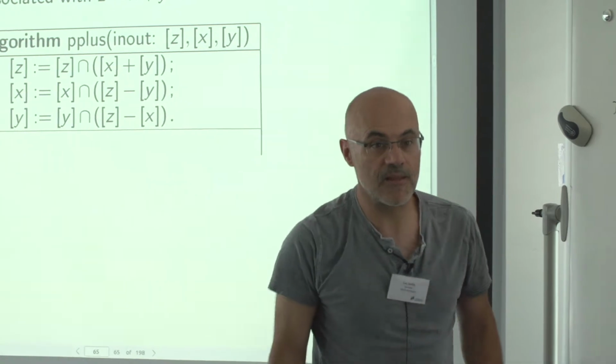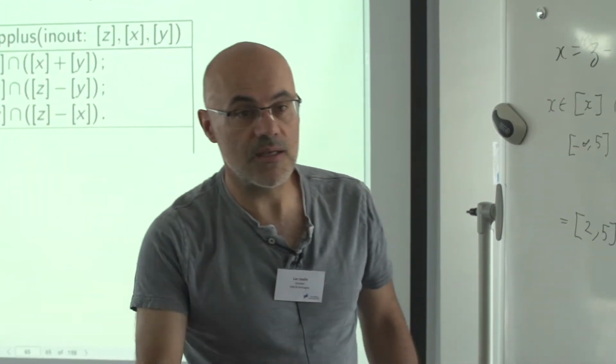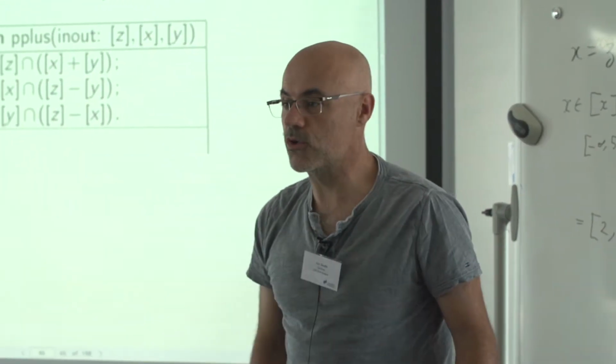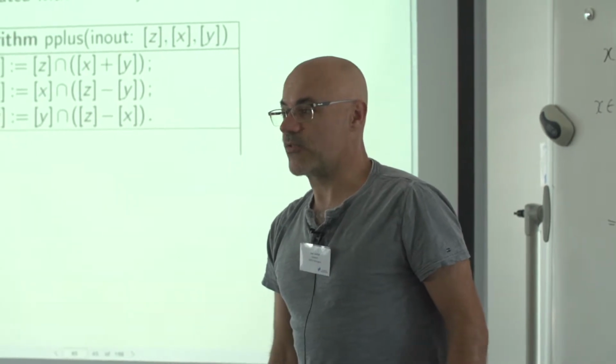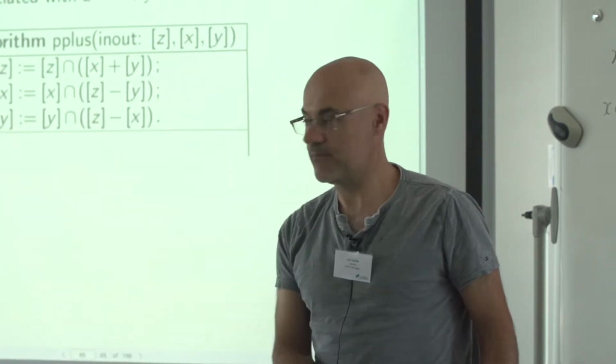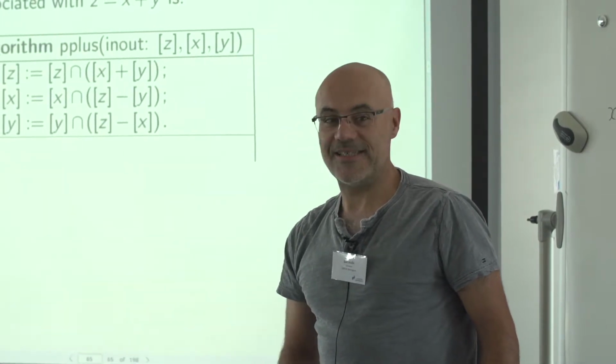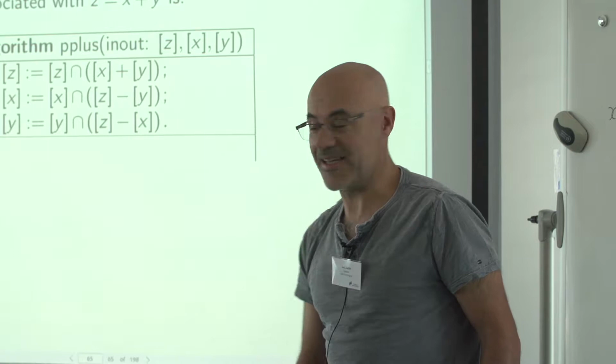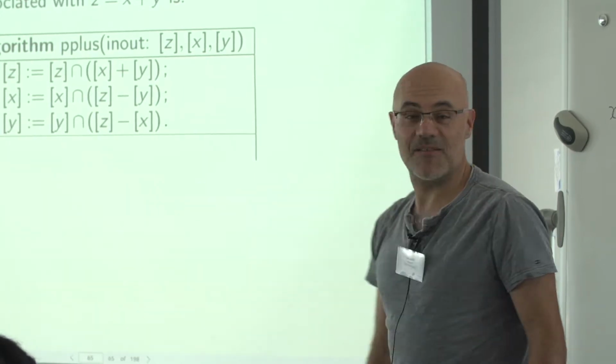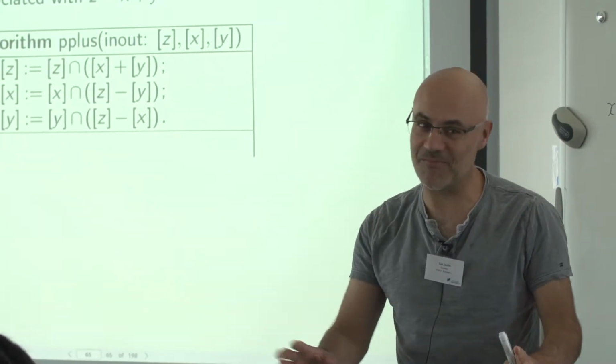Is this contractor idempotent? Good question. I think it's not. Yes or no? Probably not. It is, yes. It is important. Is it minimal? So I did not explain what is minimal.